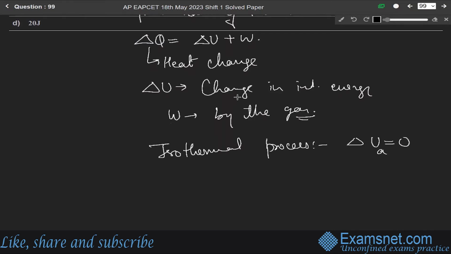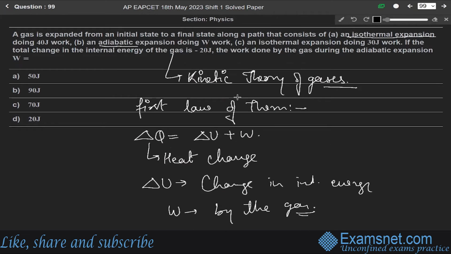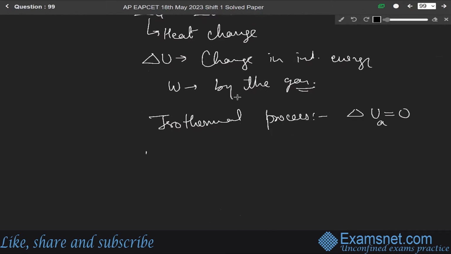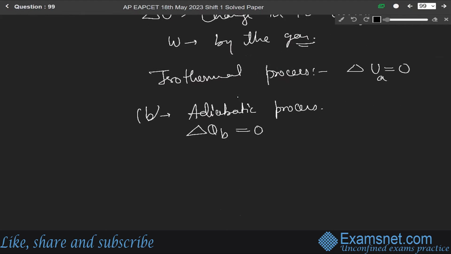Okay. Now, for path B, it is an adiabatic expansion doing W work. So, for an adiabatic process, delta QB is equal to 0. Okay, since delta QB is equal to 0, delta QB is equal to delta UB plus WB.